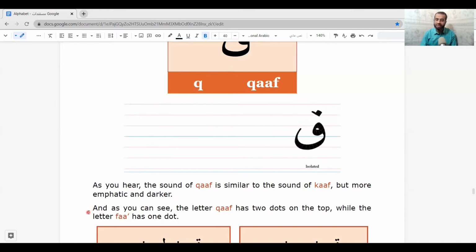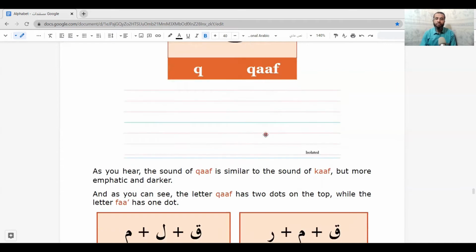And as you can see, the letter qaf has two dots on the top, while the letter fa, which we studied before, has one dot. Look here at these two dots, it's qaf, but one dot, it will be fa.